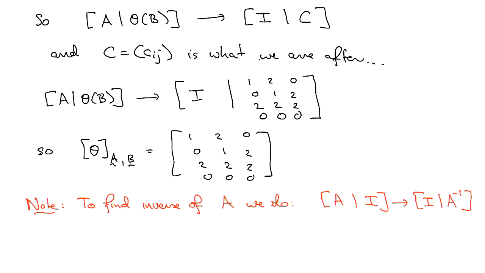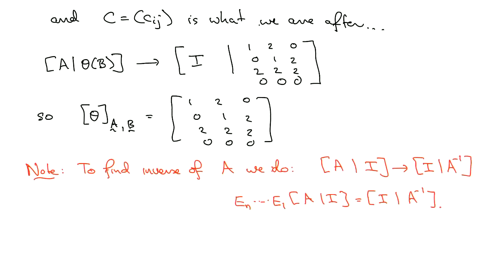Each time you do a row operation, you're left multiplying by the elementary matrix corresponding to that row operation. So really there's an equation going on here: when you take A and AI, and multiply by all the elementary row operations we do to reduce the left-hand side, we get A inverse.